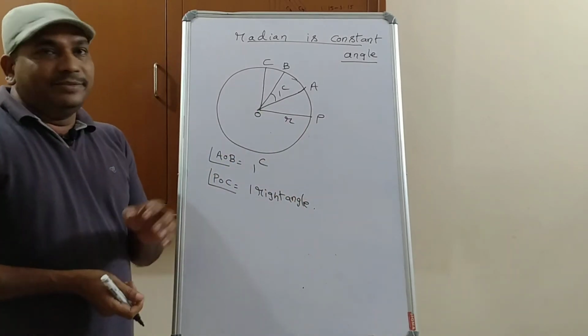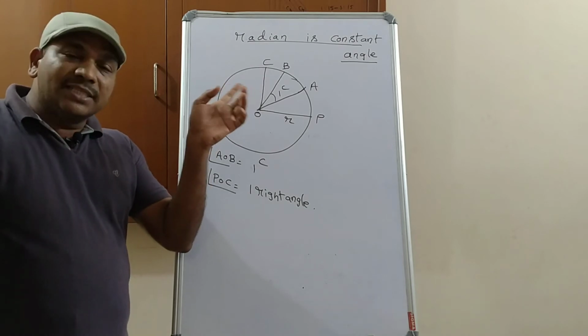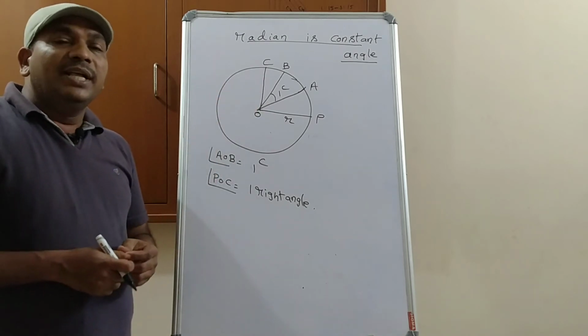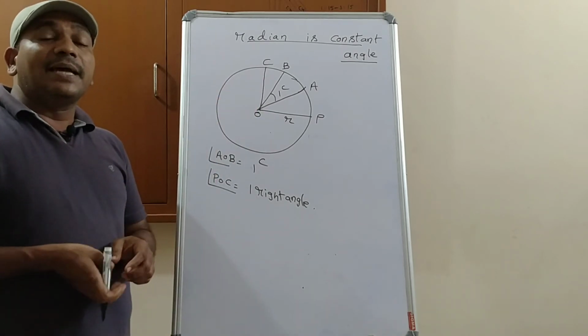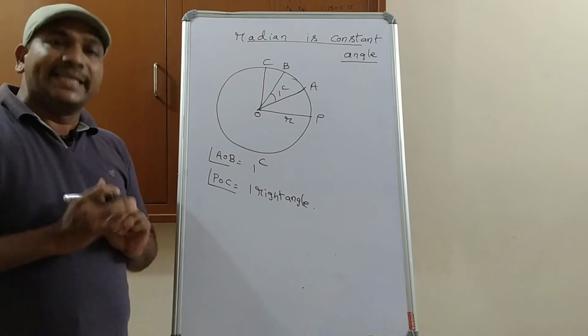We know that the length of the arcs are proportional to their angles subtended at the centers.